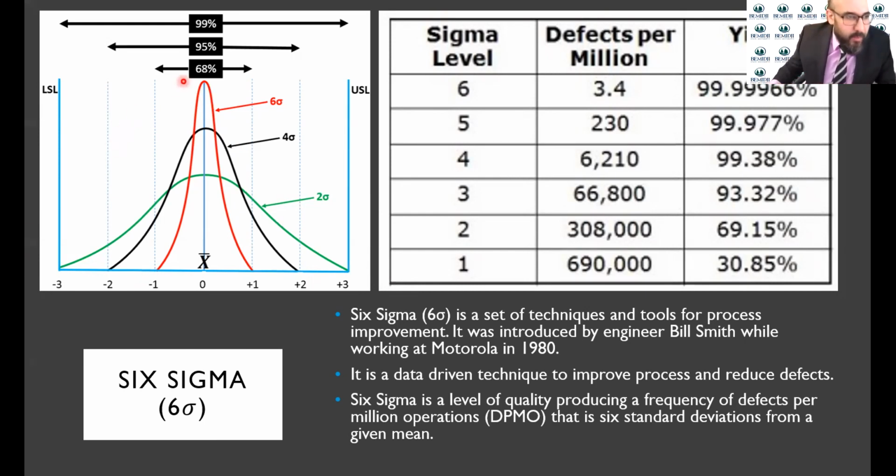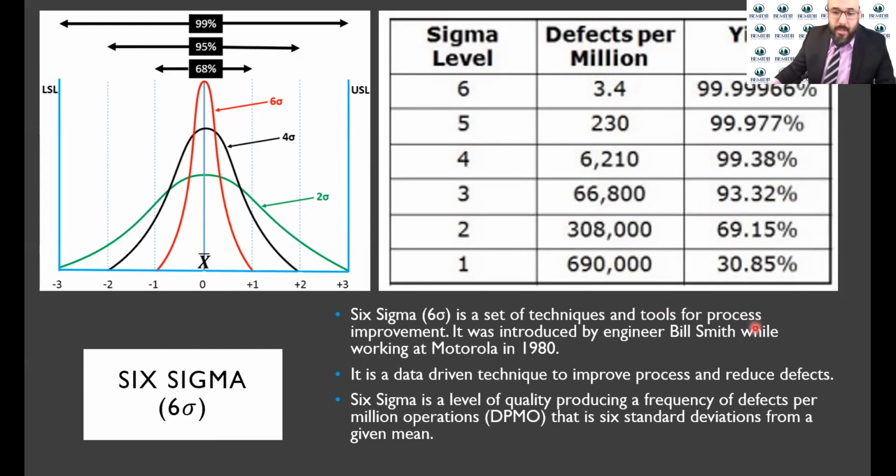The goal of the Six Sigma is to remove the variation and bring the data closer to the mean, which is this line where you see the X. The more the data is clustered around the mean, the less variation, which means higher quality. The flatter the curve is, the more variation.